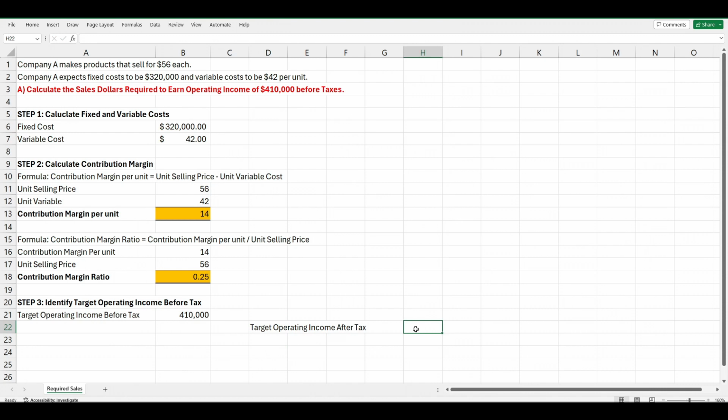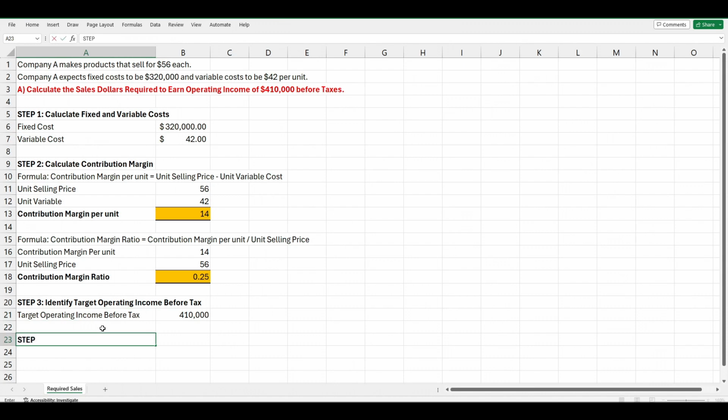Let's say 410 was the actual income after tax. You would plug this into the formula in the PowerPoint that calculates your target operating income before tax, and that's what you want to use. So in these questions, and whenever you're going through these things, you never want to actually use operating income after tax. You always want to try to find your before tax. So just make sure that this is very important.